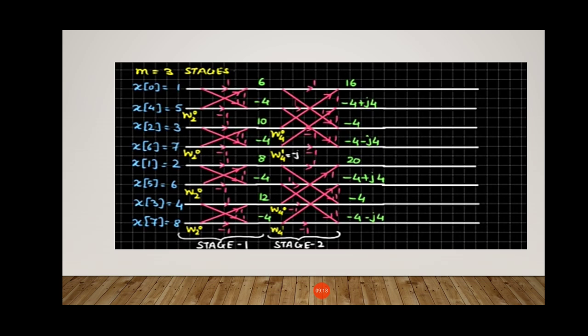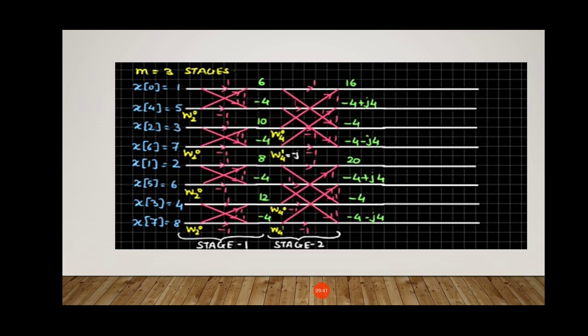So here the first point would be 6 plus W4 to the power 0, which is 1, into 10, that is 6 plus 10, 16. And the third point would be 6 minus W4 to the power 0 into 10. So 6 minus 10 is minus 4.